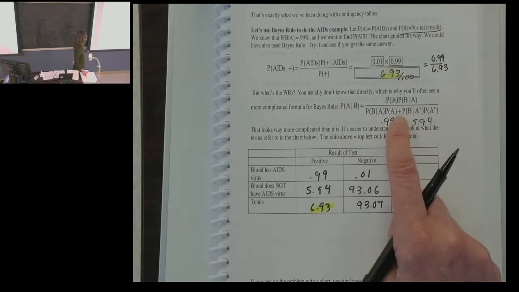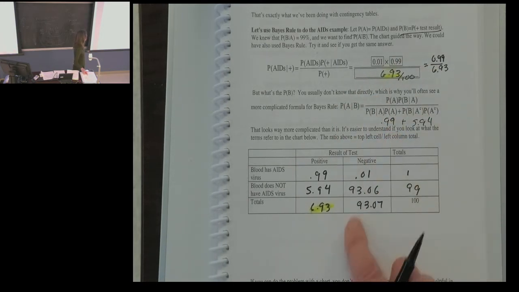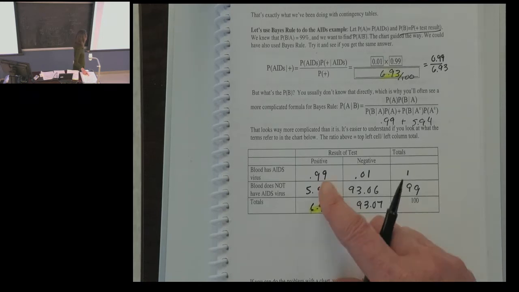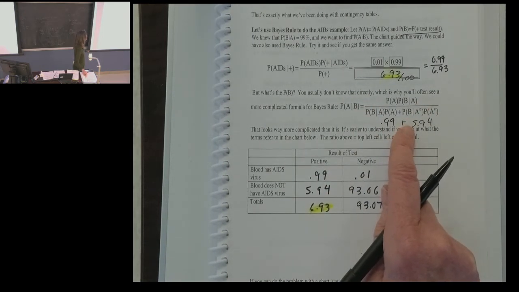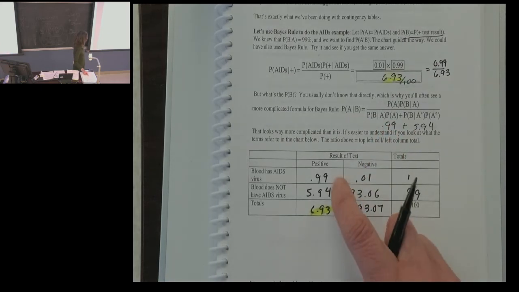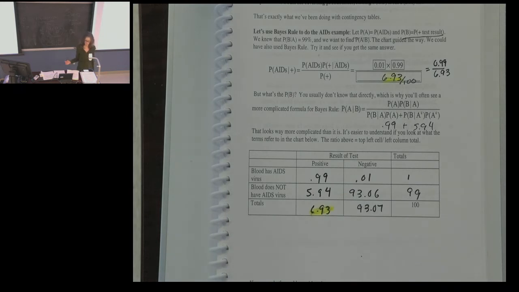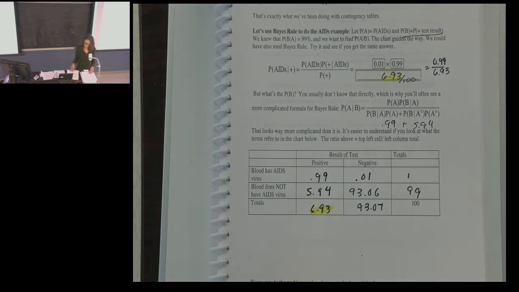It looks so complicated, but all it's trying to do, when this is hard to get, is separate the probability of B into two pieces, when A does happen and when A doesn't happen. That's all that is.